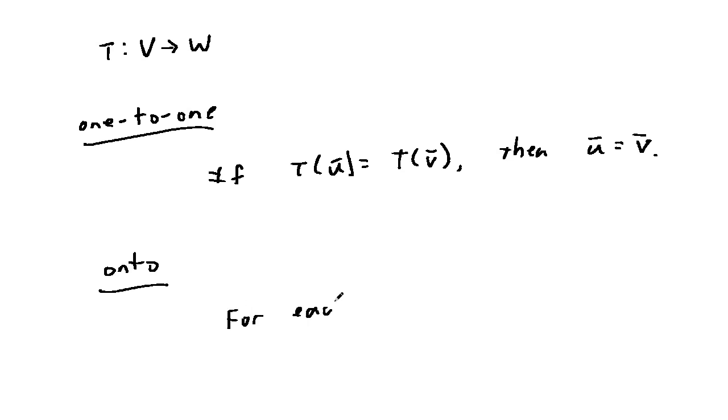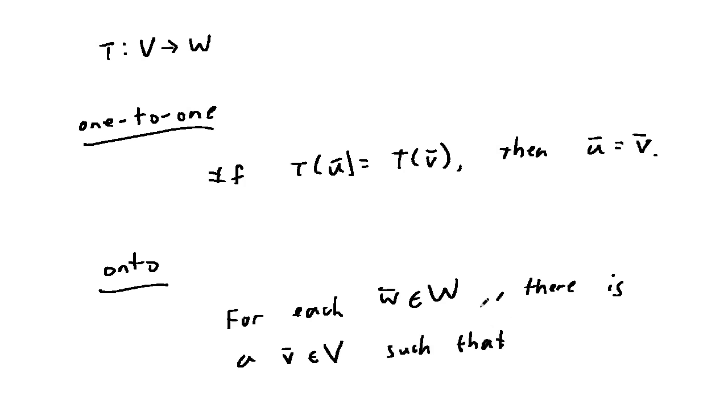For each W in W, there is a V in V such that T of V is equal to W. So T is onto if each W in big W is the image of some V.